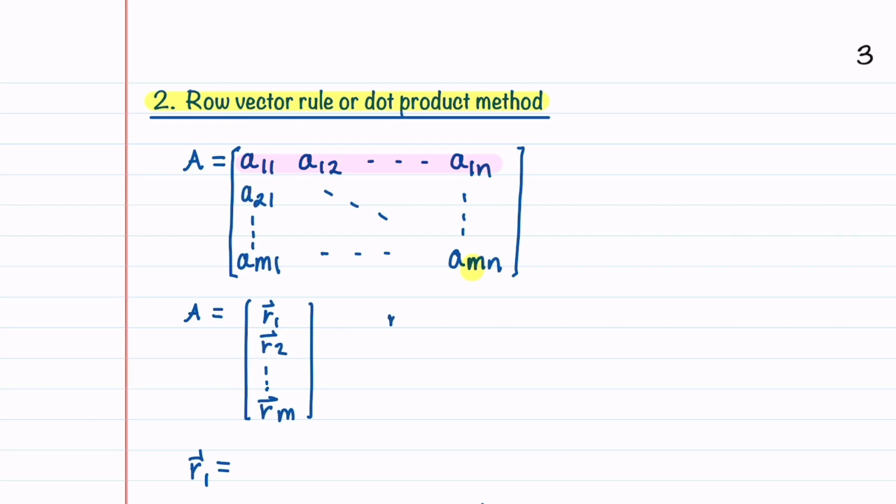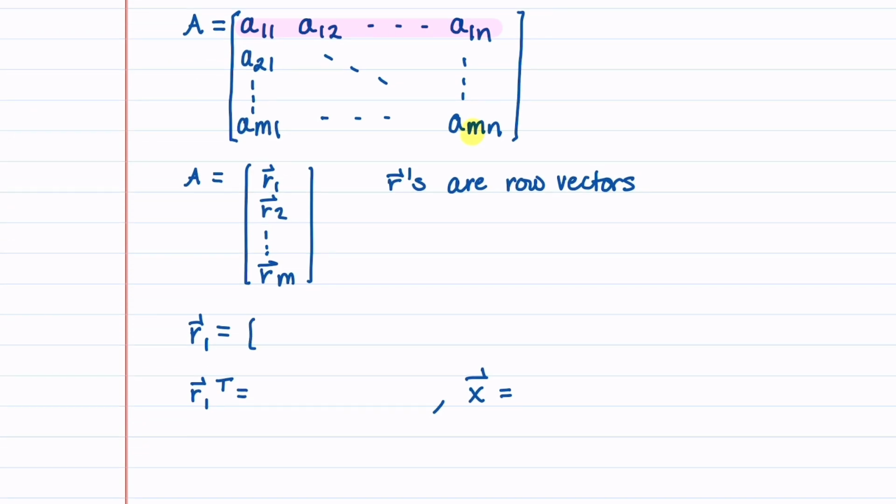Let's just make a note that our R's are row vectors. R1 is just our first row, which is A11, A12, all the way over to A1n. Notice that the size of R1 is a 1 by n matrix.